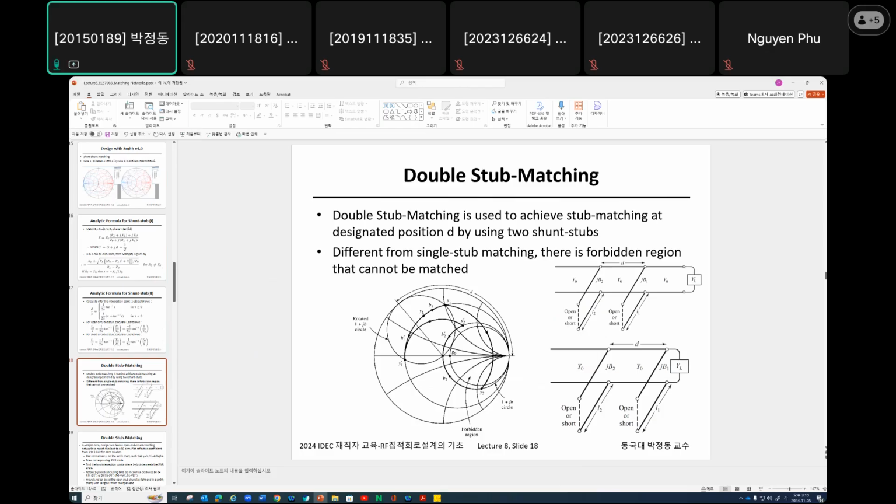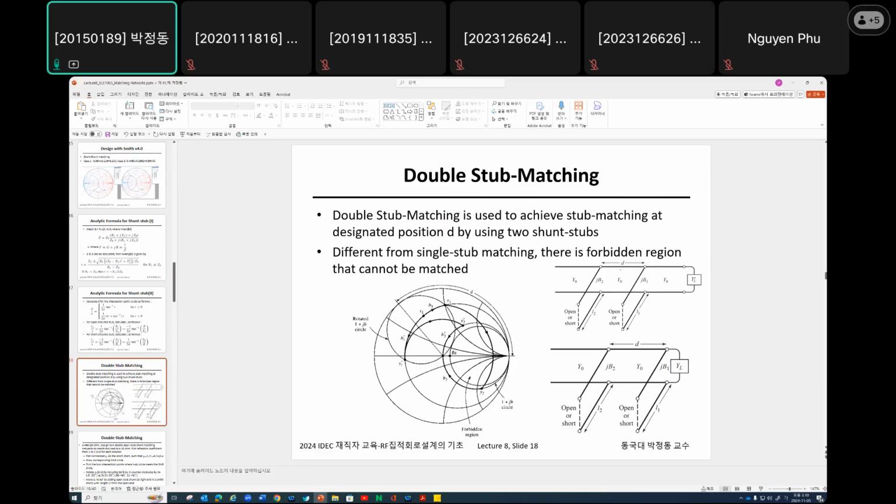So basically, for the double stub matching, you just have one more degree of freedom. So, for example, by controlling D, you can just place a matching network at arbitrary position.